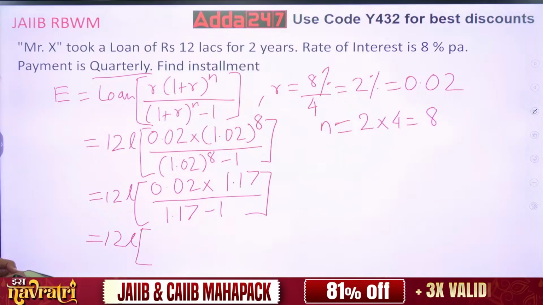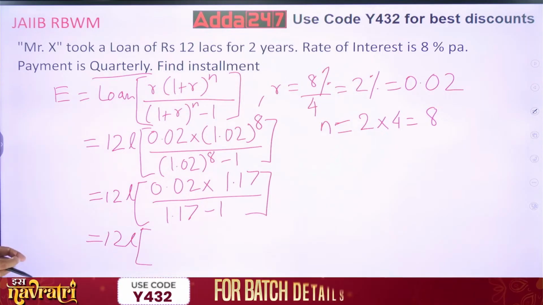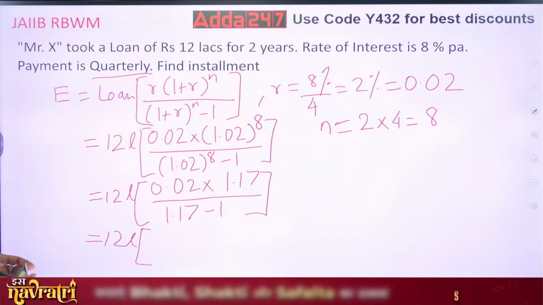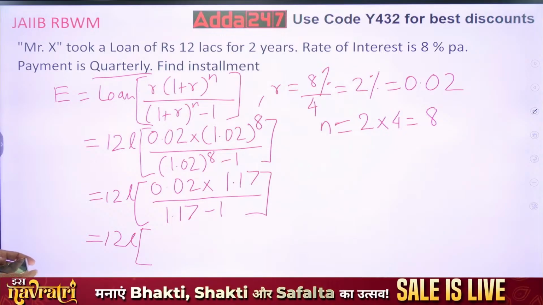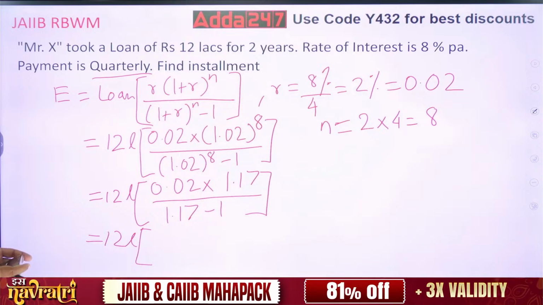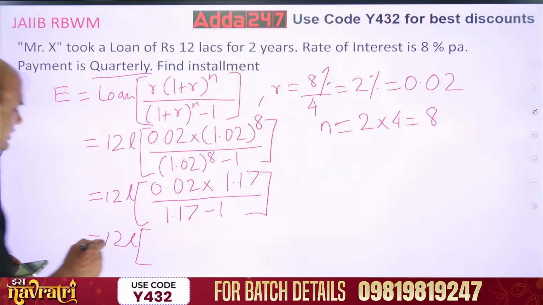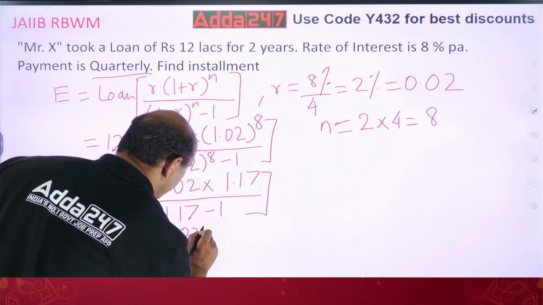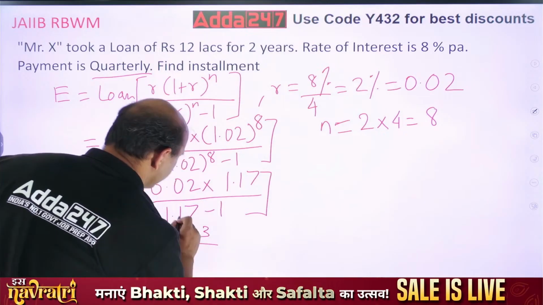Okay? 0.023. Okay, let's do it, 1.17 only, into 0.02. 0.023. Okay? So 0.023, the whole upon 1.17 minus 1.